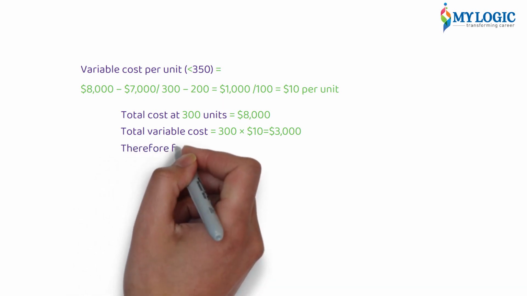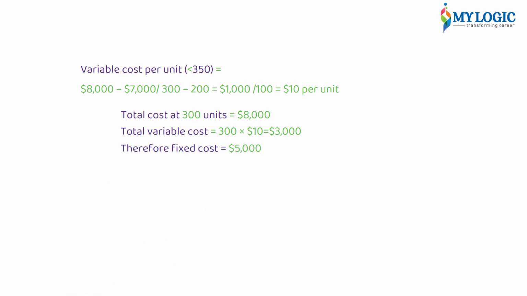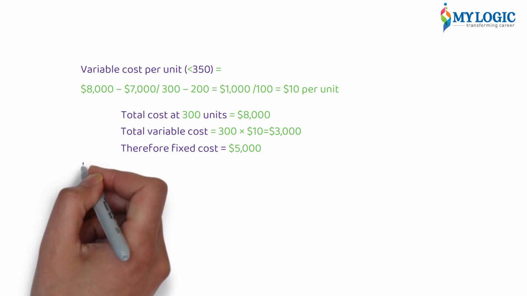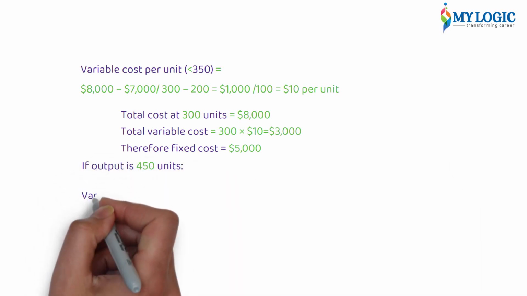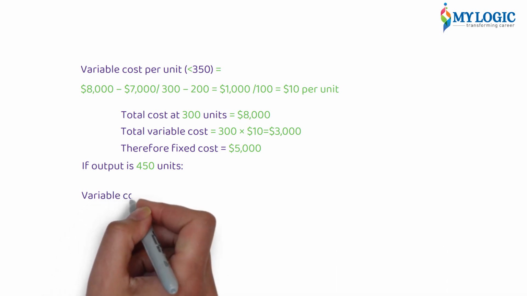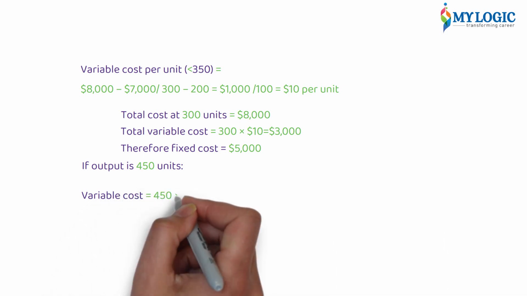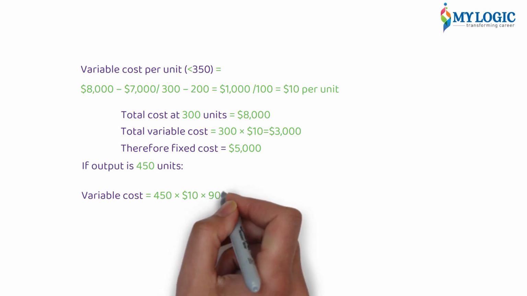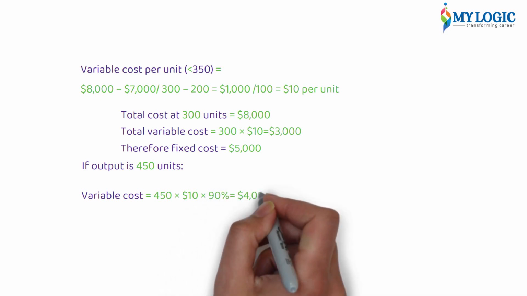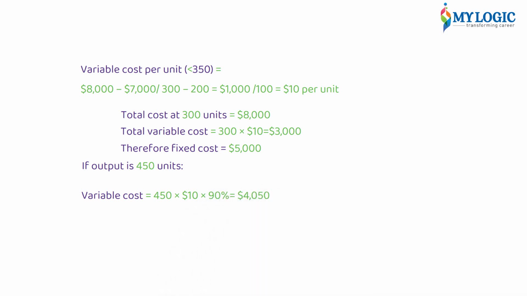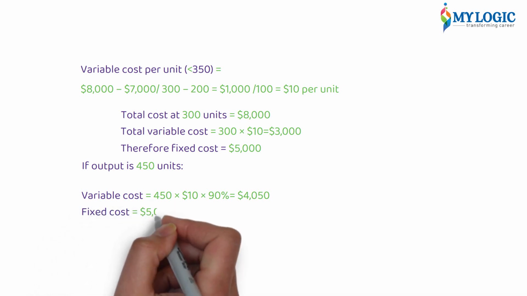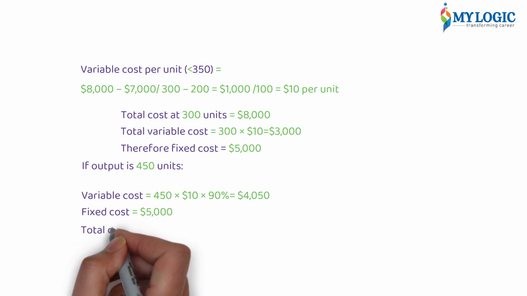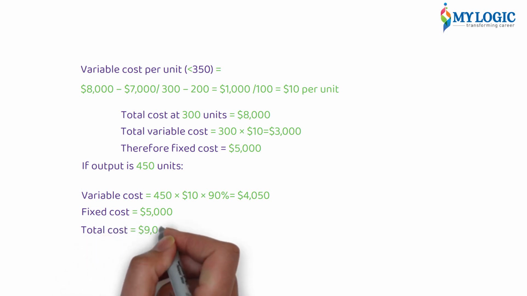Therefore, fixed cost is equal to $5,000. If output is 450 units, variable cost is equal to 450 multiplied by $10 multiplied by 90%, which is equal to $4,050. Fixed cost is equal to $5,000. Total cost is equal to $9,050.